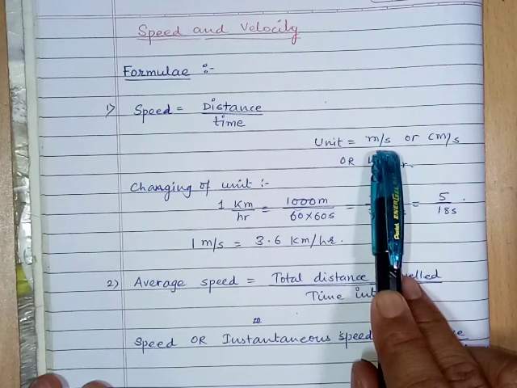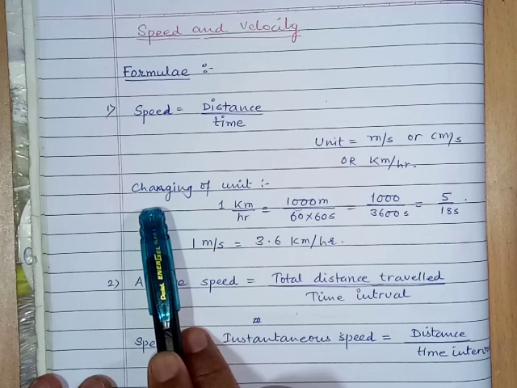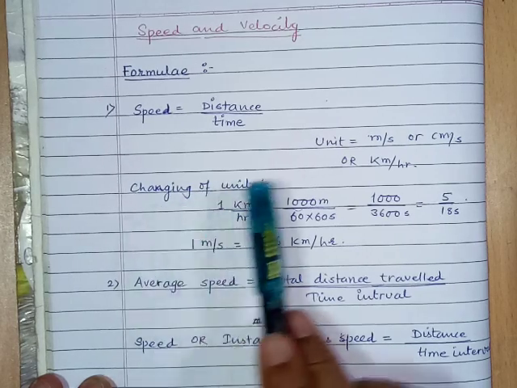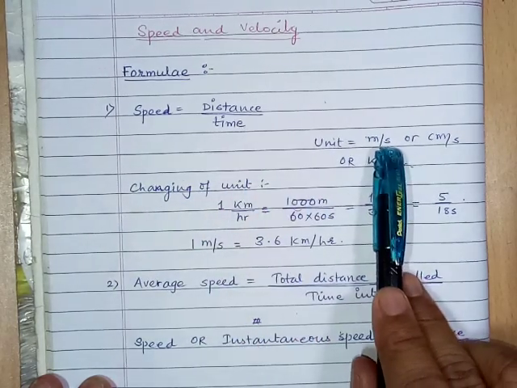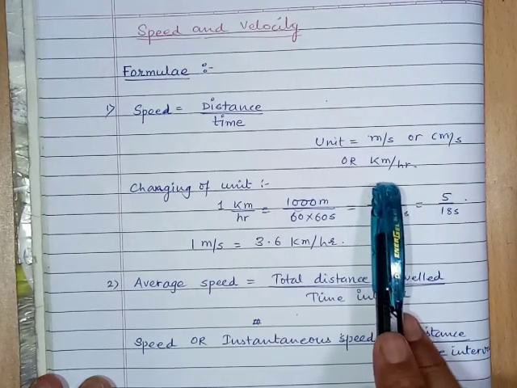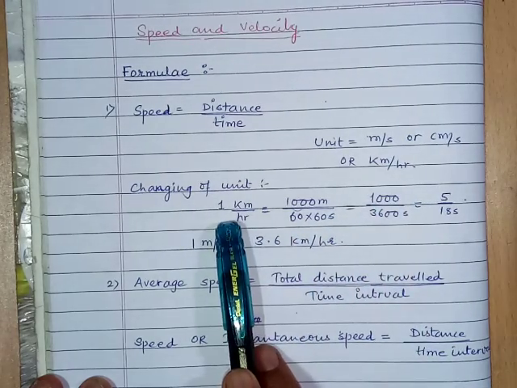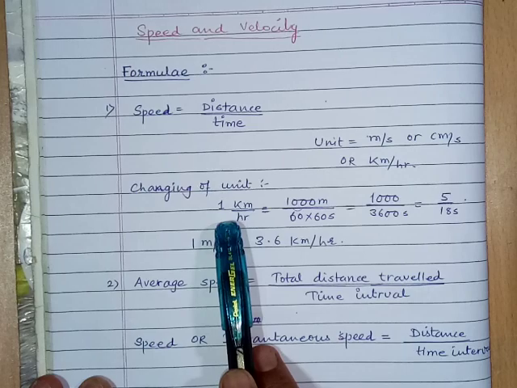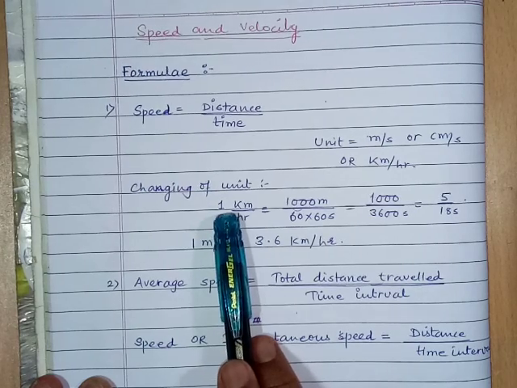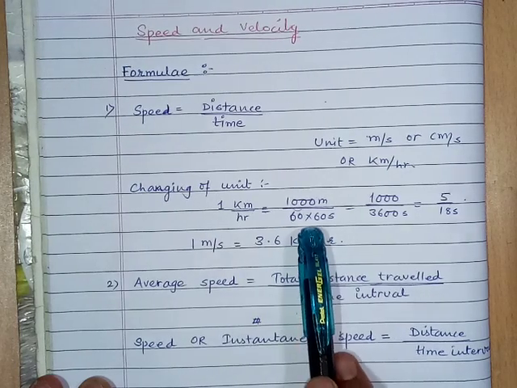Now sometimes in some numericals you will be given a bigger object like a car, truck, or bicycle, and the unit used to express the speed of that vehicle will be given in kilometer per hour. So first we have to convert that kilometer per hour into meter per second, because we know that 1 kilometer is equal to 1000 meter and 1 hour comprises 3600 seconds.